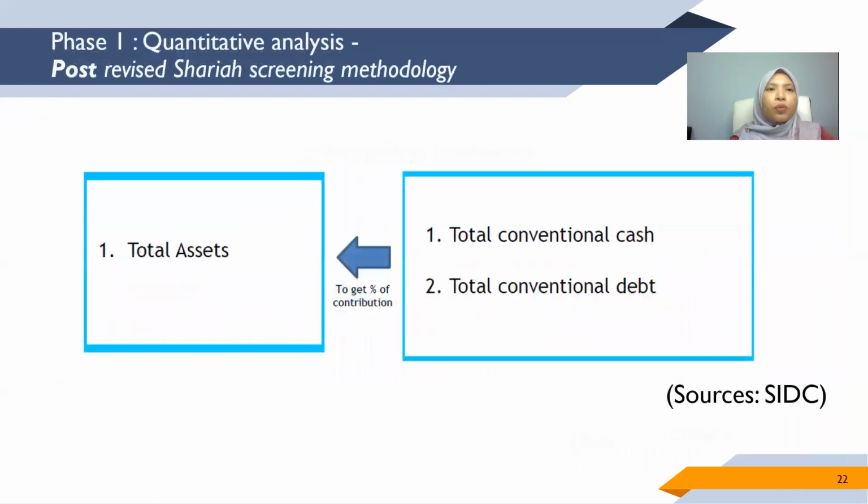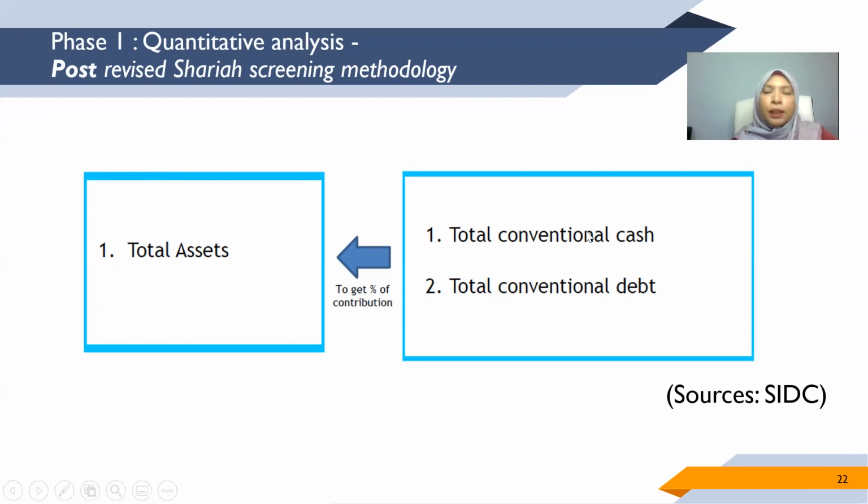Alright, and then we have the financial ratio. So total conventional cash, you have to divide by the total asset to get the percentage of contribution. So dengan answer that we have, we have to compare to the 33%. Same goes to cash and also debt. So please bear in mind that we have to make it Shariah compliant for both of these.